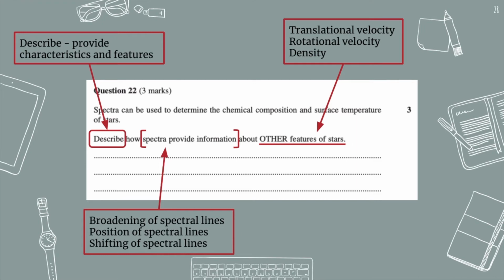And the content that is going to need to be addressed in this question is the information that I can obtain from the spectra of the stars. The information I can obtain from the spectra refers to things like broadening of the spectral lines, the placement or position of those spectral lines, and any shifting that might occur as a result of some of the features of those lines.